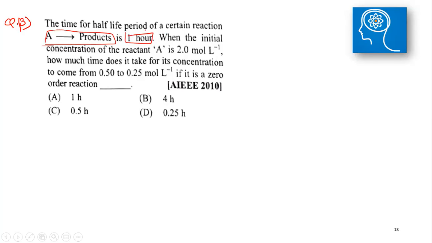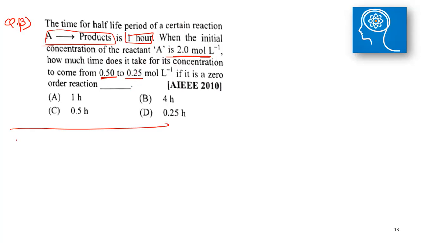Okay. When the initial concentration of reactant A is this much, this is the initial concentration, how much time does it take for its concentration to become 0.25 mole per liter if it is a zero order reaction?